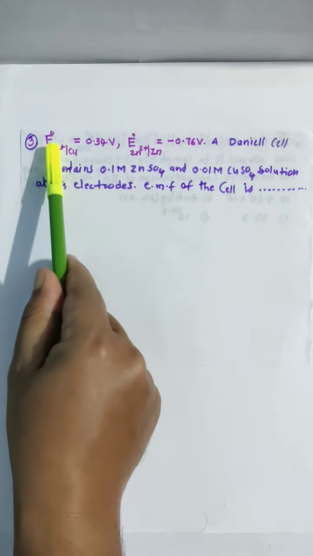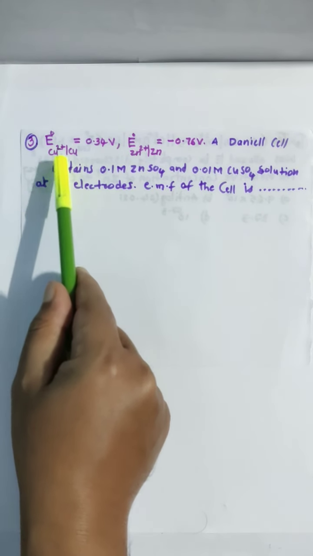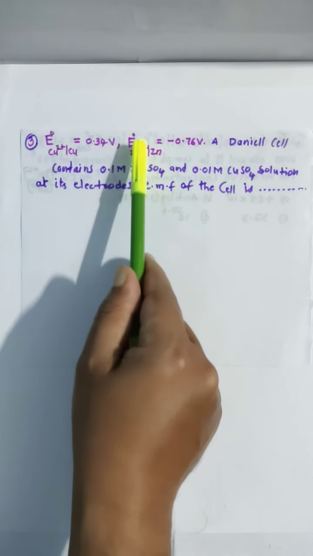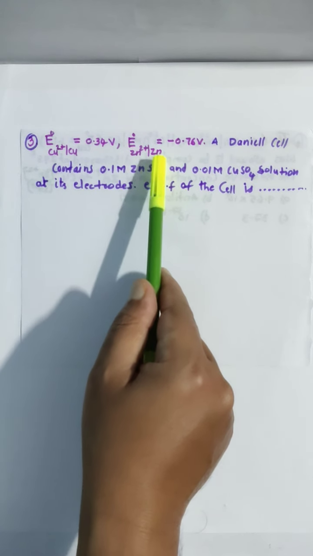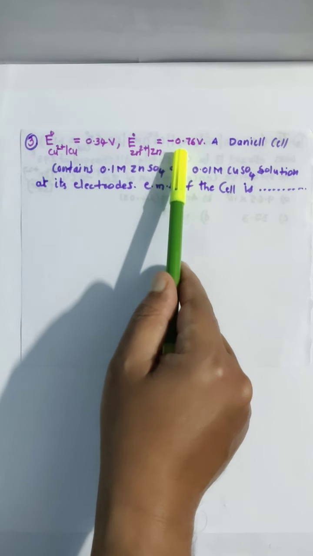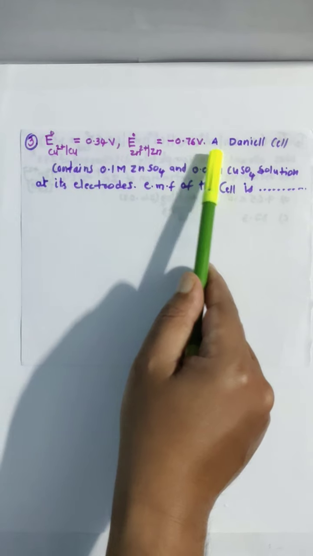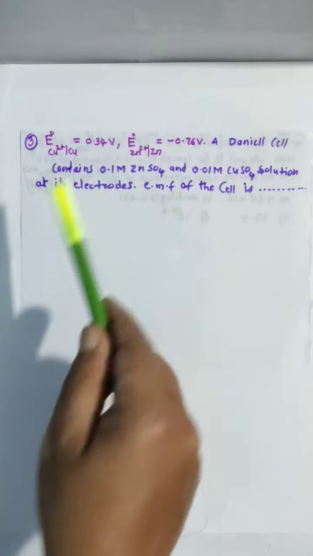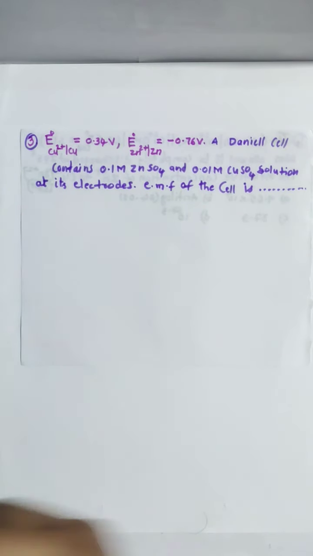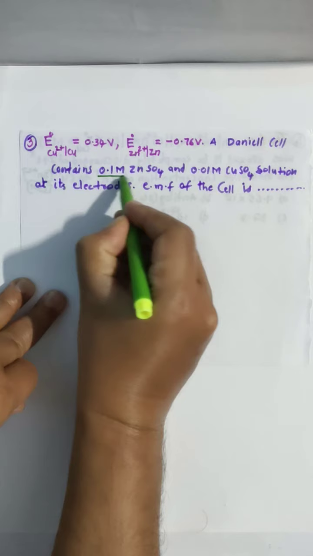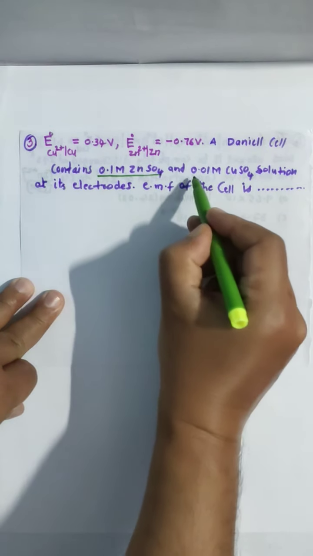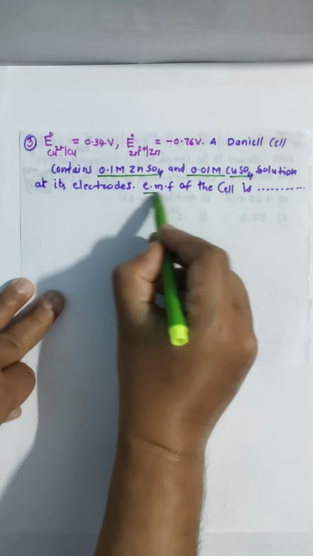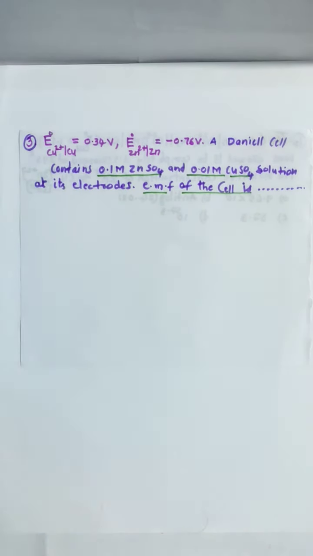The standard electrode potential of copper 2 plus copper is 0.34 volt, and the standard electrode potential of zinc 2 plus bar zinc is given as minus 0.76 volt. And the Daniell cell, copper and zinc, contains concentrations given: 0.1 molar zinc sulfate, 0.01 molar copper sulfate, and the electrodes. Then we have to calculate the EMF of the cell.